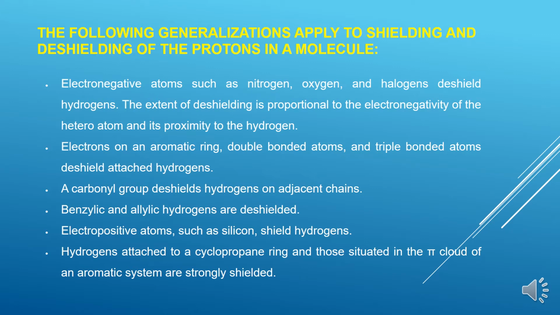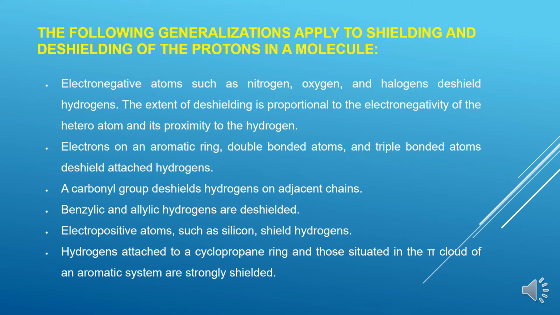Halogens are more electronegative than oxygen and nitrogen. So if your proton is nearer to halogen atoms, it will be more de-shielded.